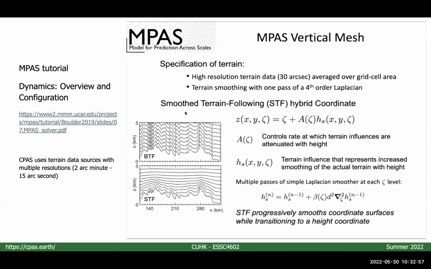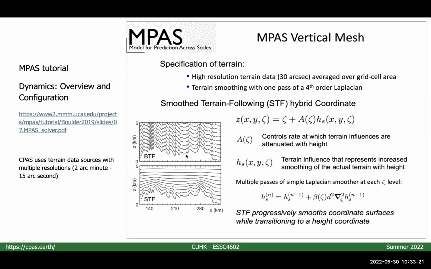So one feature is that the vertical layers are smooth, and you will see from this example that, along the x-axis, there is some plotting of the terrain. If you use a smooth coordinate, you will see that the terrain is kind of smooth.